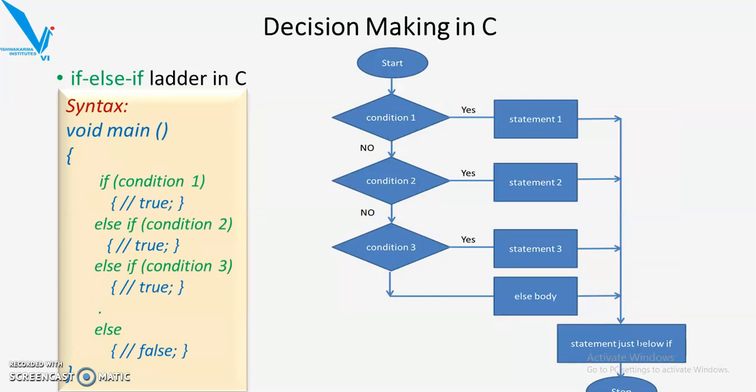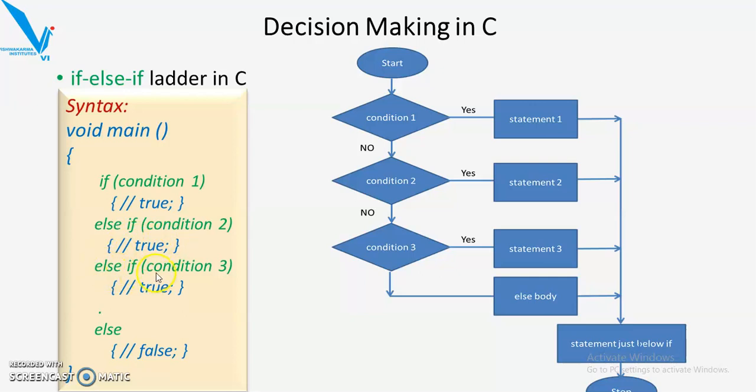Here we are having the if else if ladder, where we are asking some condition. If this condition is true, execute the body inside this. Otherwise we are asking another condition by using the word else if. If this else if condition is true, then run the code inside this body.